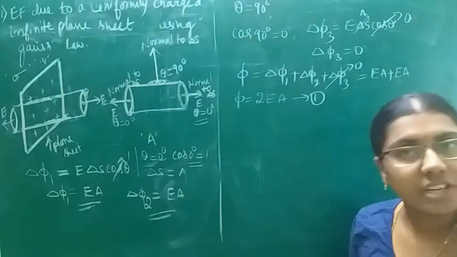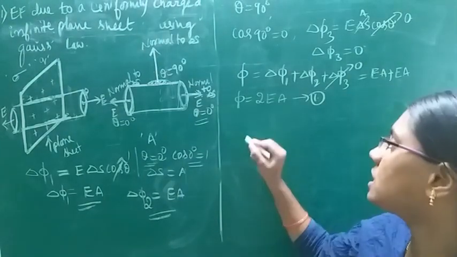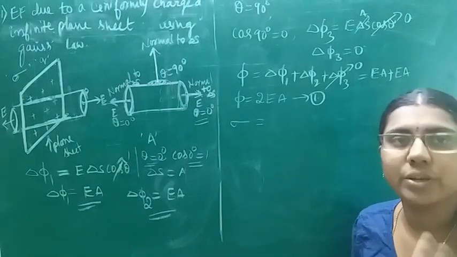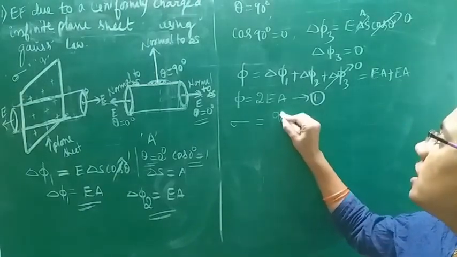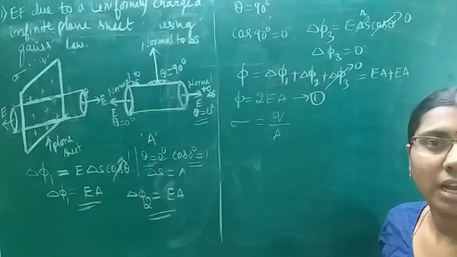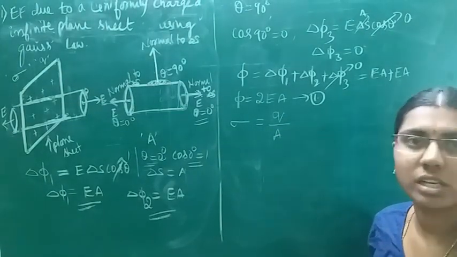Then from the definition of surface charge density, we can write that surface charge density is the charge per unit area. So sigma is charge by area. In order to apply Gauss law, we need to find the total charge.